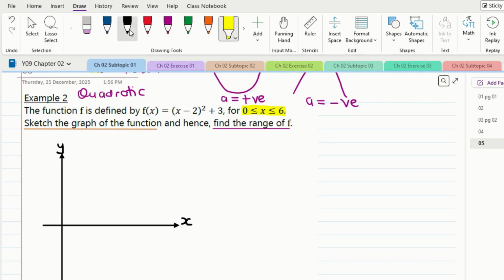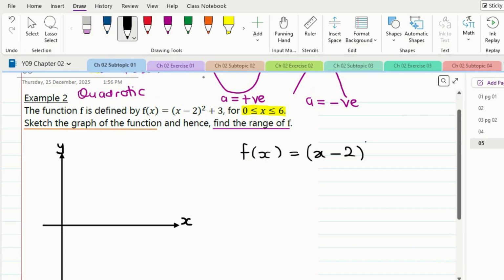Please write down the function itself, which is f(x) equals 2(x minus 2) squared plus 3. In the mathematics world, this format of quadratic expression we call completed square form.